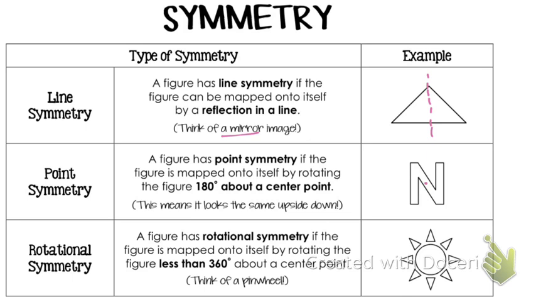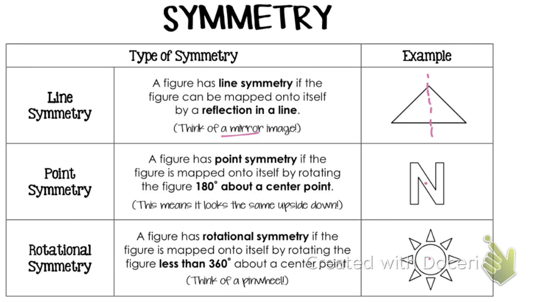Our last one is rotational symmetry. Rotational symmetry says if you take a figure and rotate it around a center point, and it's mapped onto itself, if you get the same thing at anything less than 360, less than a full rotation, because anything will be itself if you give it a full rotation, then it has rotational symmetry.